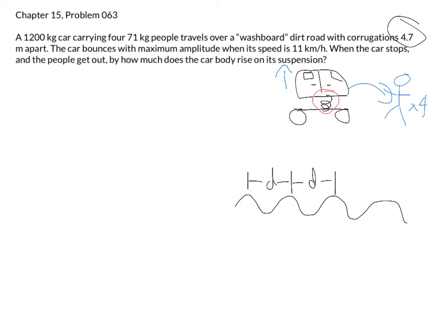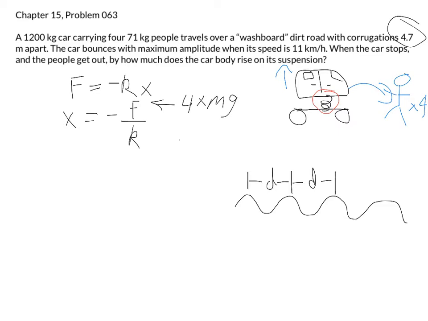So if we were to represent that with an equation, it's really just simply Hooke's law. We know that the force is going to be equal to negative kx, so if we want the x, the amount it moves up, it's just going to be equal to negative force over the spring constant k, where this force is the amount of force that was just reduced off of the spring or the suspension, so that's just going to be 4 times the weight of the people.